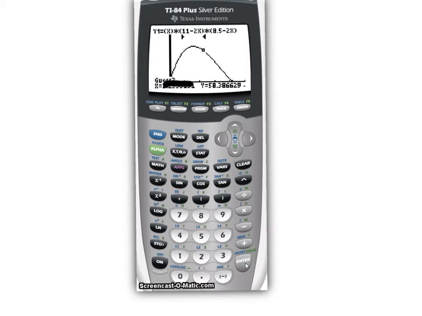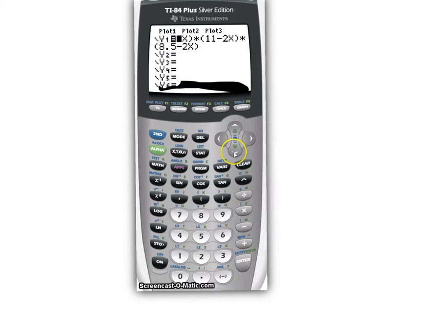We set these bounds and enter our guesses by hitting the enter key. Now the calculator produces the maximum value and the input that gives us the maximum output value. You will need to do this on your own calculator to find these values.